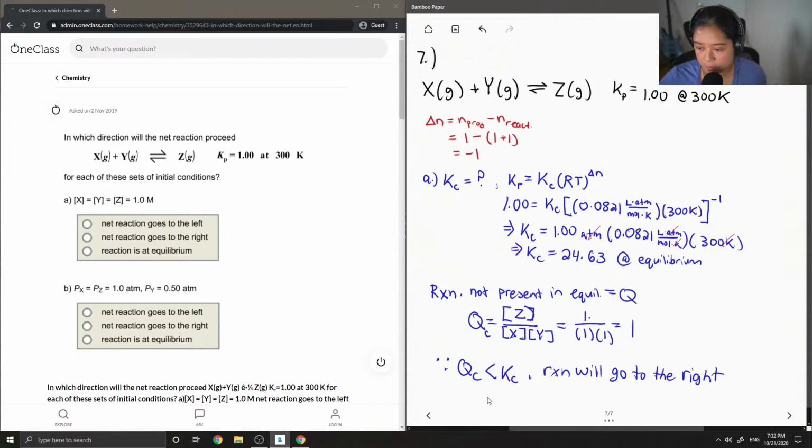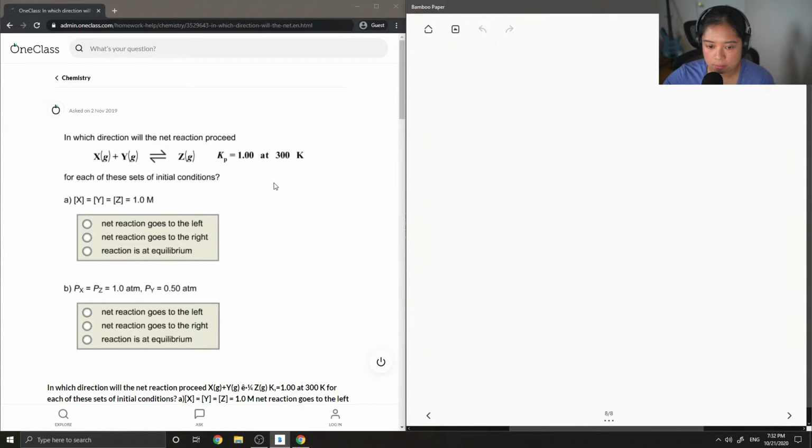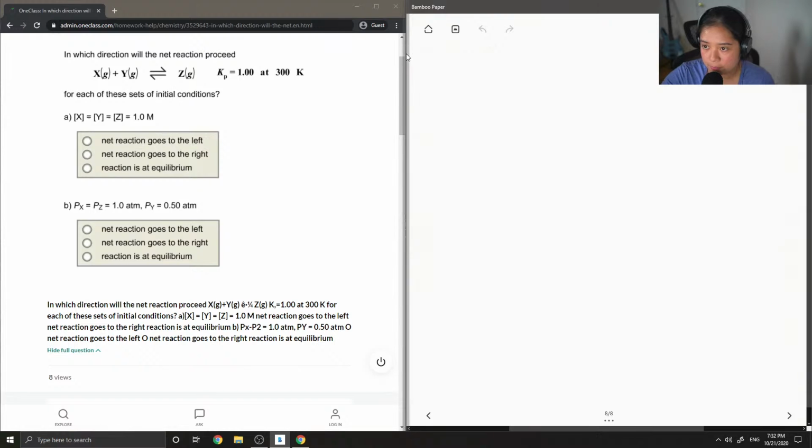Okay, so that was for part A. Now let's look at part B. So this is 7B. We're going to do something similar, except this time let's calculate for Qp since Kp is given. So Qp is the pressure of your products over the pressure of your reactants.